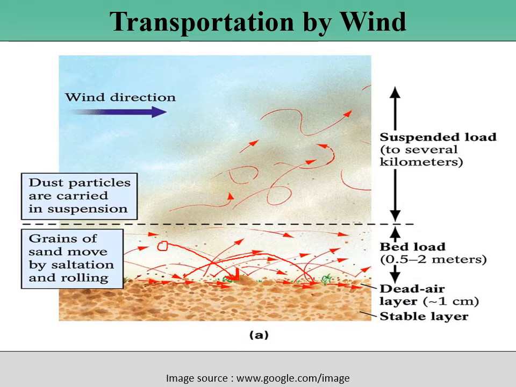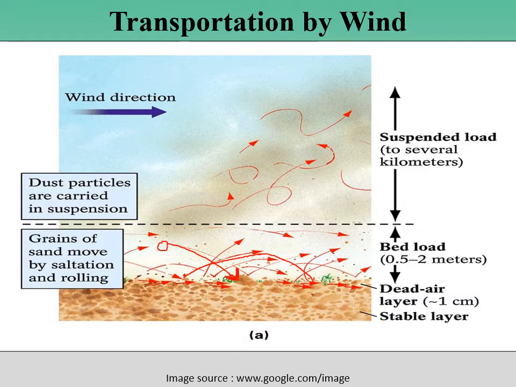In contrast, the finer size fragments, that is the silt and clay size particles, are easily lifted by the flowing wind, and they are taken to the higher part of the moving air, and mostly they move in turbulent condition, and as suspension load they move with the wind.